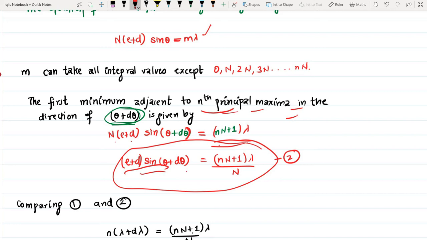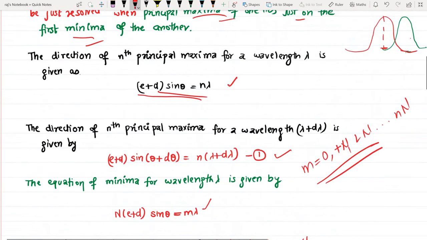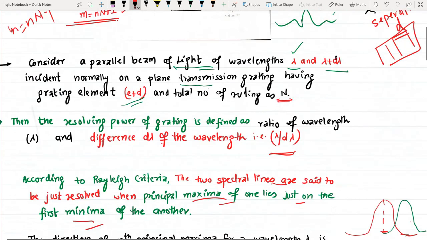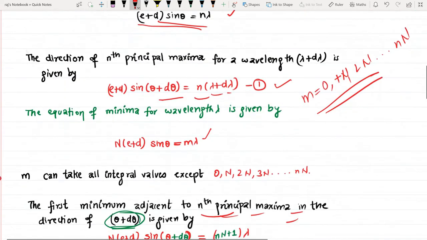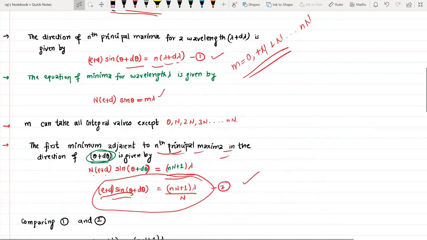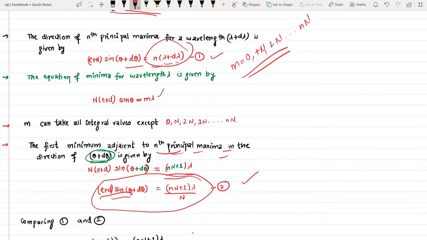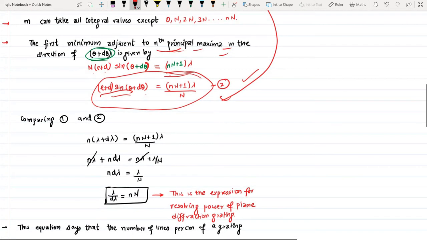Now compare this equation with equation number 1, that is E plus D sine theta plus d theta is equal to n into lambda plus d lambda. So comparing, we can equate these two. Hence we will write n into lambda plus d lambda is equal to n into n plus 1 lambda by n.